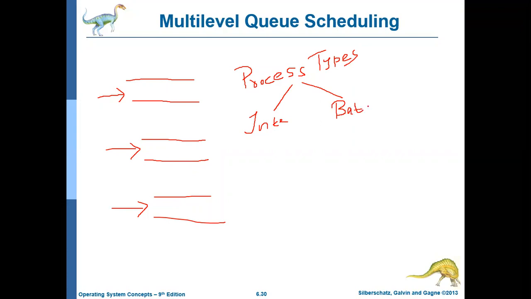So what is an interactive process? Interactive processes are typically created by users, and in between, the users interact with the process. The response time of these processes should be very low, in the sense that they should respond quickly.